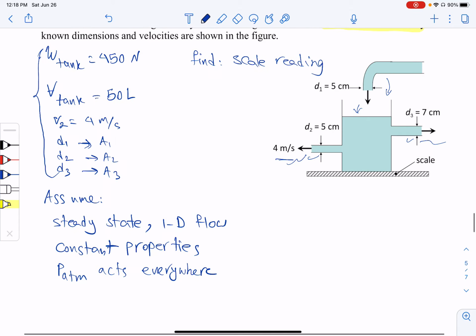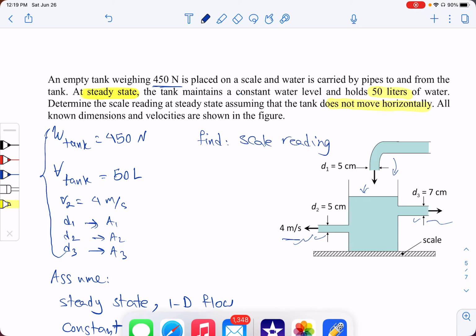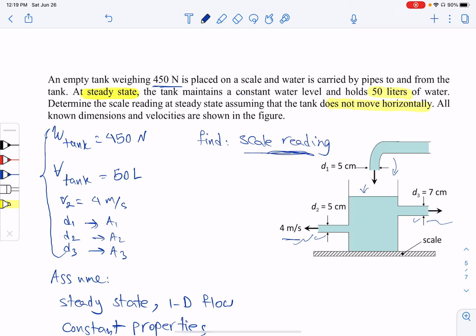So these are the assumptions that we have, and now we know that we need to use conservation of mass and momentum. We need conservation of mass because we have inflow and outflow, and momentum because we are trying to find the scale reading, which depends on the forces, right?